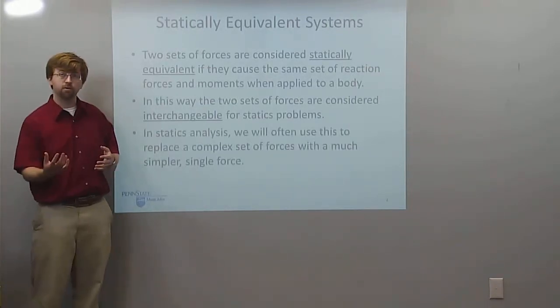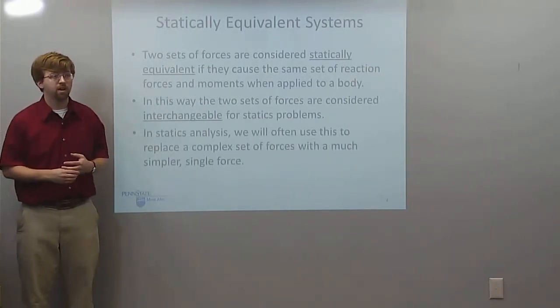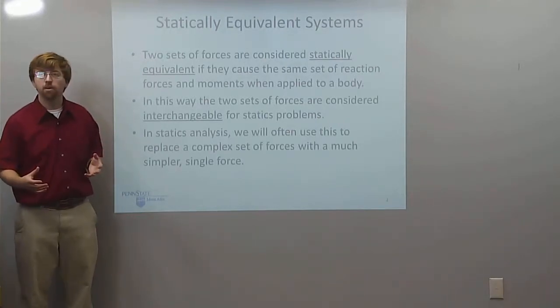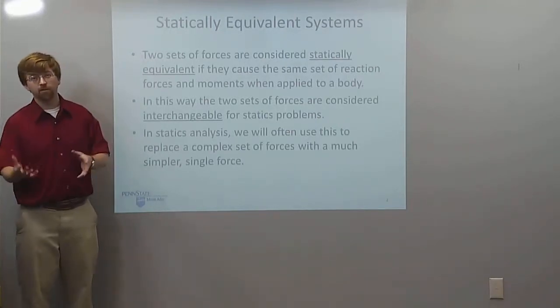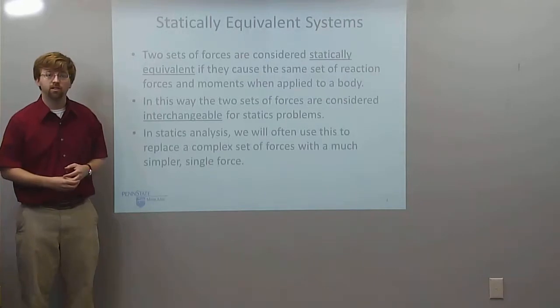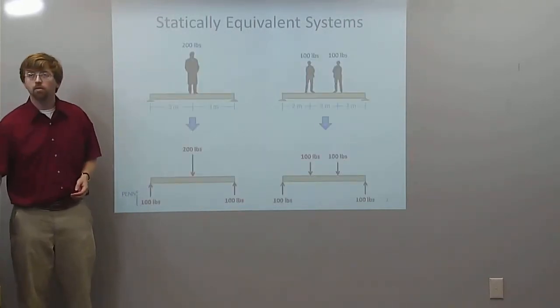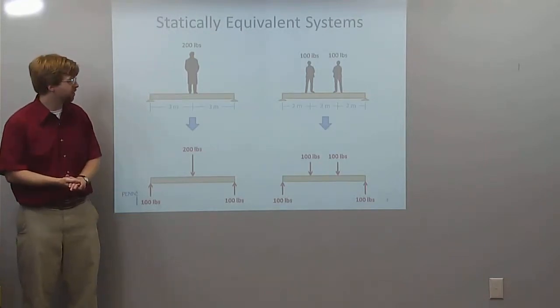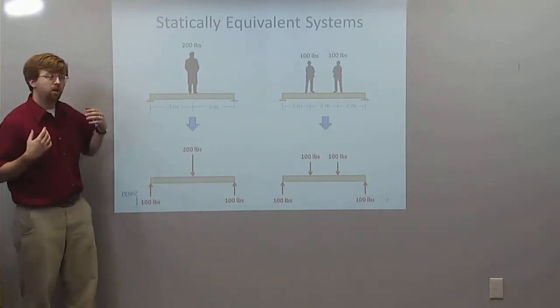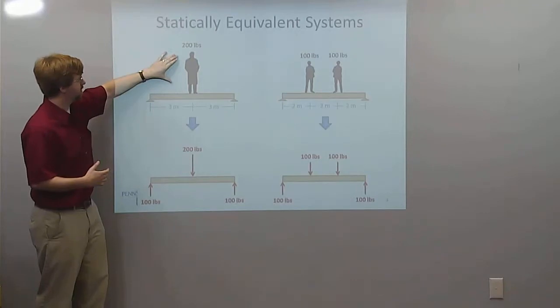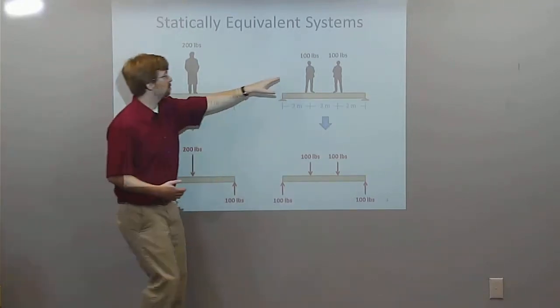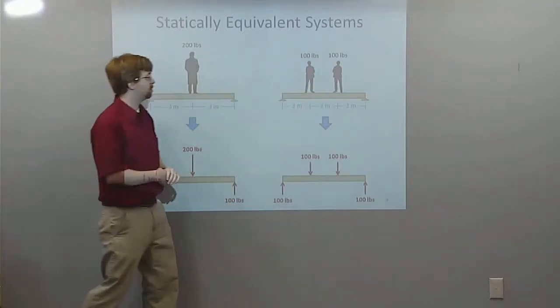So, in statics analysis, we're going to often use this. If we've got some big complicated loading setup, we might simplify that into a single statically equivalent force to simplify later analysis. So an example of a statically equivalent system, imagine we've got one 200-pound man sitting on a beam and two 100-pound children also standing on this beam.